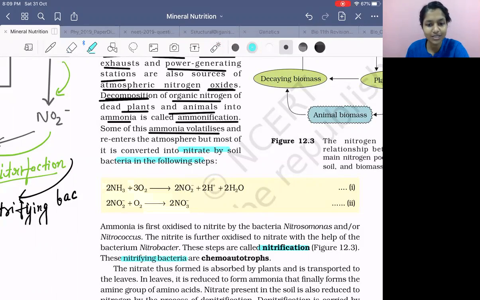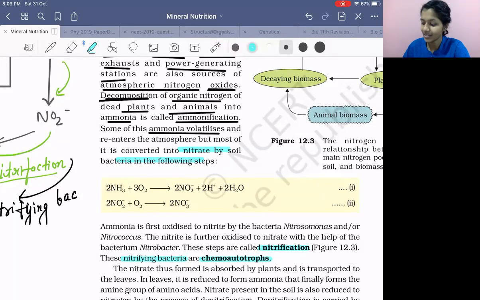What is the nature of these nitrifying bacteria? They are chemoautotrophs. Chemoautotroph means they make their food themselves, getting the energy from chemicals.